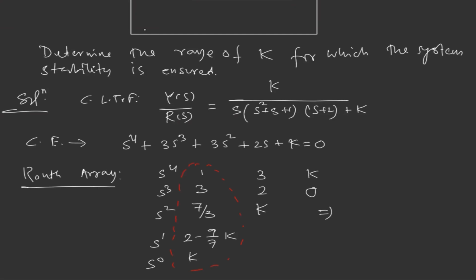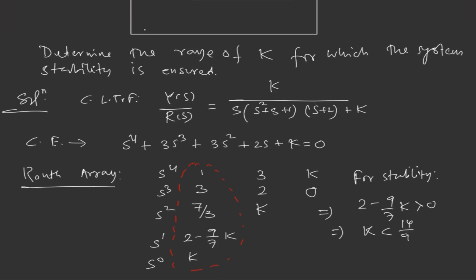So based on this condition, for stability we can write 2 minus 9 by 7 k should be greater than 0. And from which we can come up with k should be less than 14 by 9.